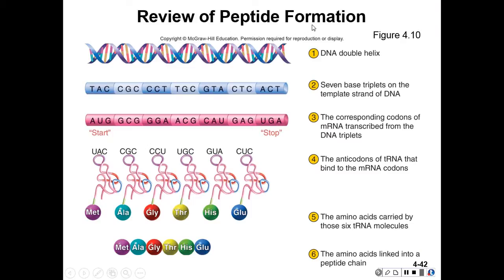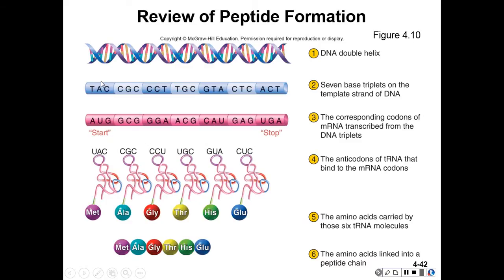Alright, so a review of our peptide formation. What do we have? We start with our double helix, correct? Good, we start with our double helix, which is within the nucleus of the cell. The second is our 7 base triplets on the template strand of DNA. We just have 7 of them.